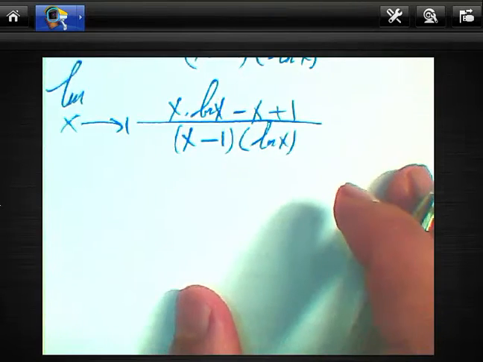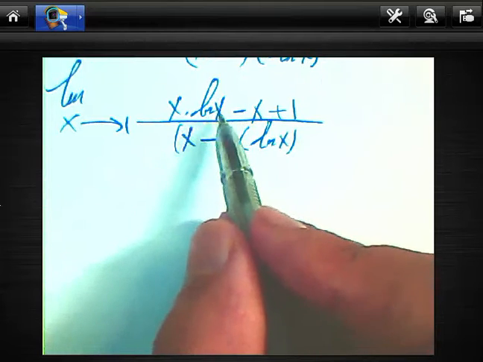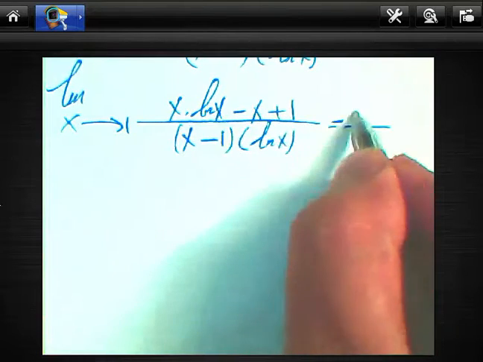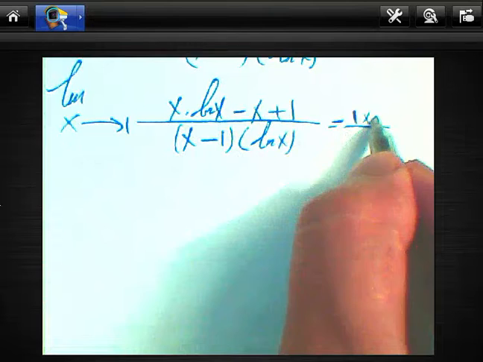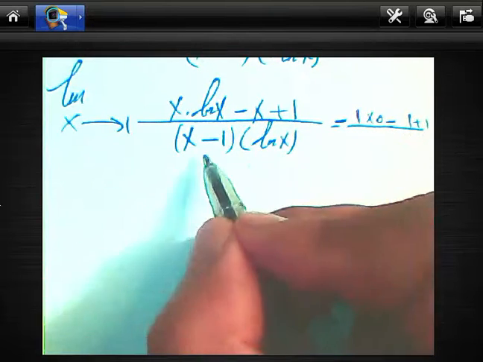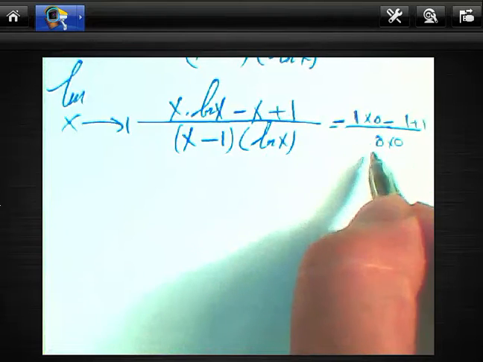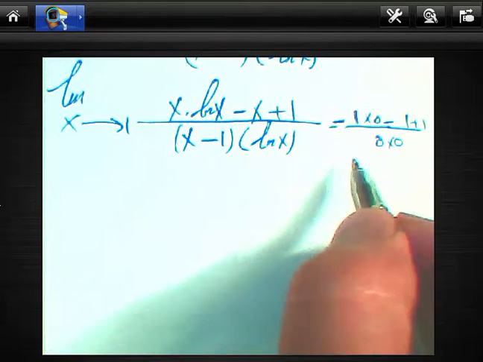Then we write 1: 1 multiplied by 0, since ln 1 equals 0. The result will be 1 multiplied by 0 minus 1 plus 1, and here 1 minus 1 equals 0, and ln of x equals 0. The result will be undefined, since any number divided by 0 is undefined.